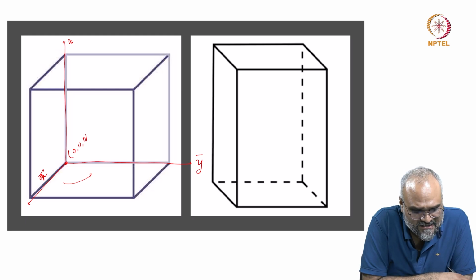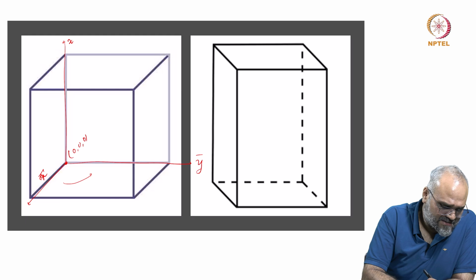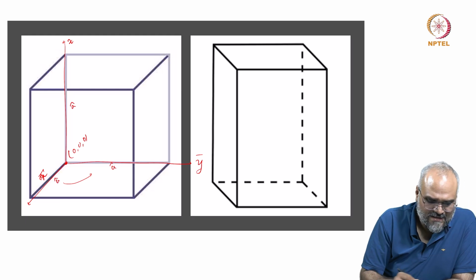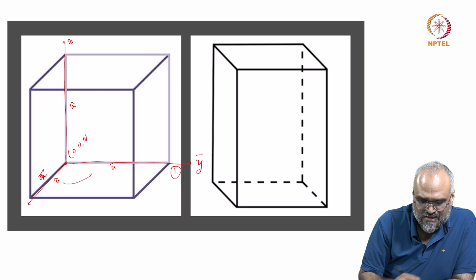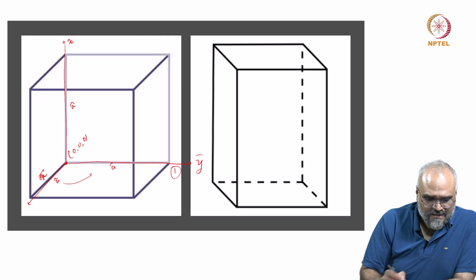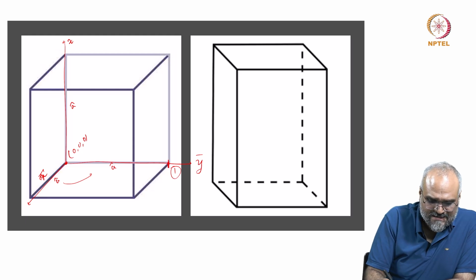My unit vectors, because it is a cubic system, are, let us say, a bar, a bar and a bar, and they all correspond to a value 1. This particular point, I can now index as 0, comma.